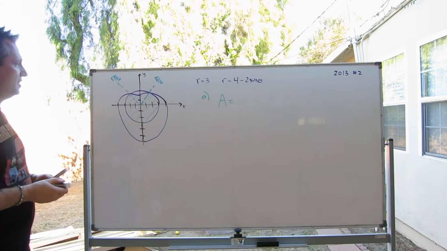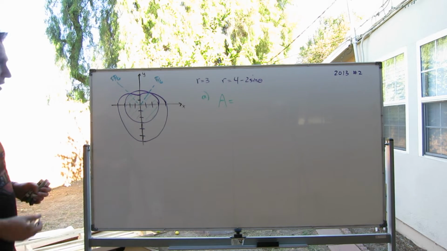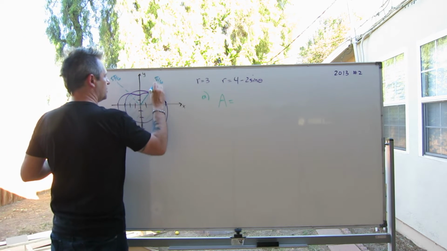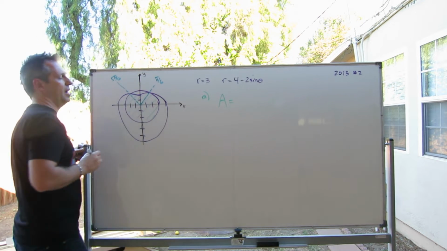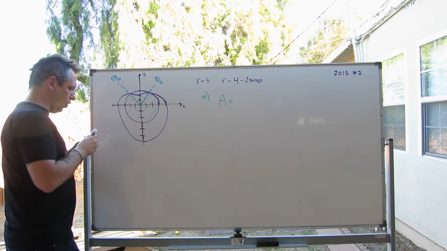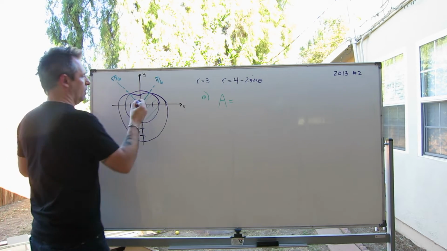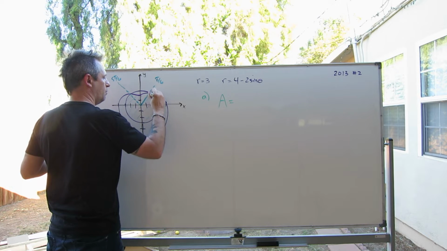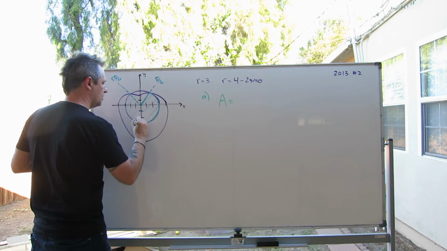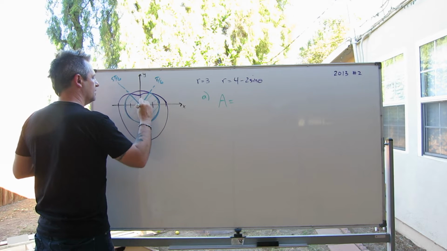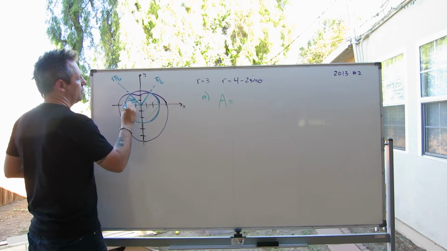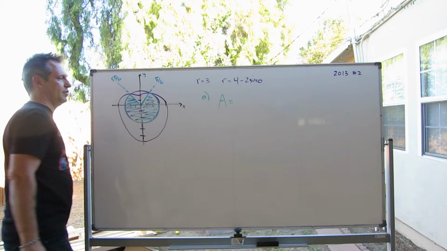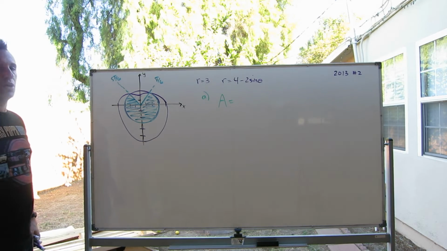The way I would do this is I would split this into two areas in an interesting way. This angle right here is pi over 6, this angle right here is 5 pi over 6. If I only look along this part right here, that area is actually the area of a sector of a circle. No integral is required.